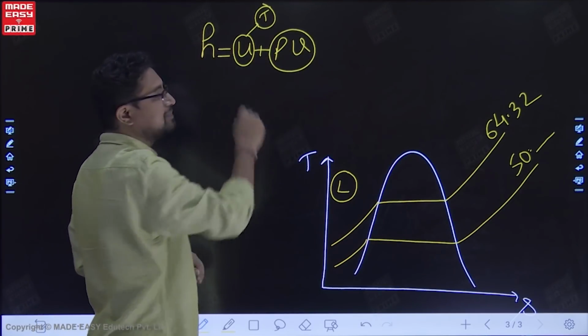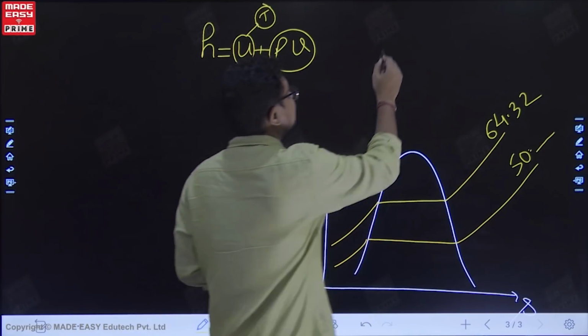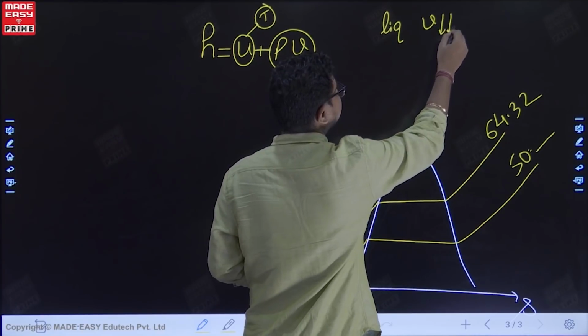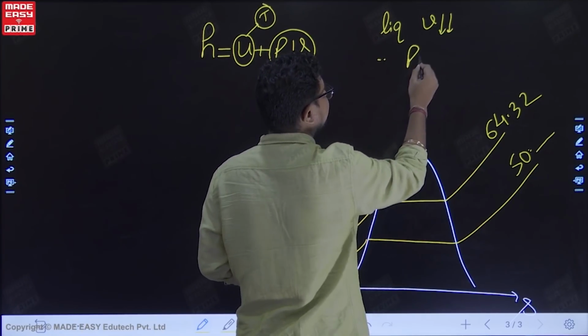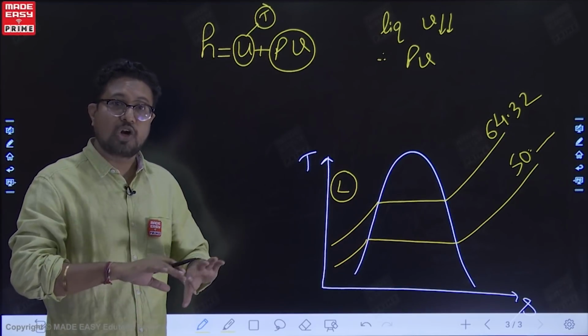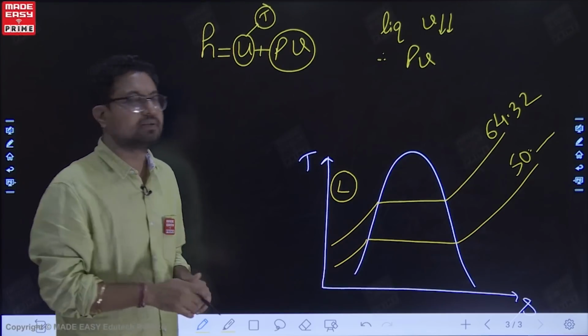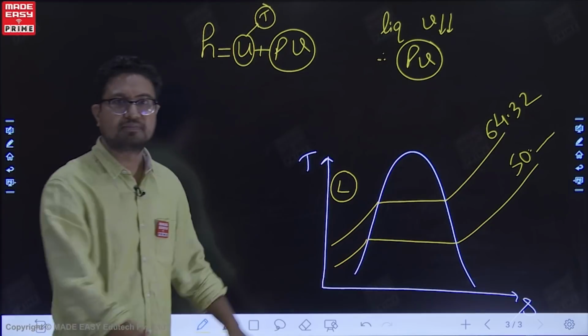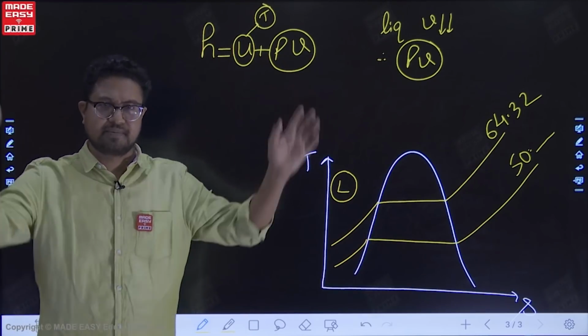Then this is PV. In case of liquid, the specific volume is very small. Therefore, the PV terms are almost negligible, if the pressure is not very, very high.